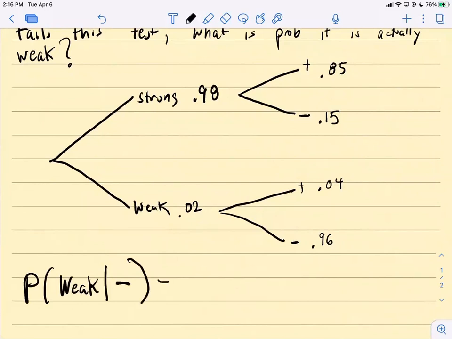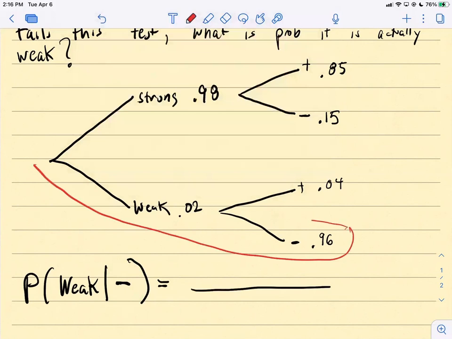Well, the denominator is the universe that we're in, so the percentage of all negative results. And the numerator will be, out of those negative results, which ones corresponded to actually weak wires. So all the negative tests would be all the negative branches, so this branch and this branch.